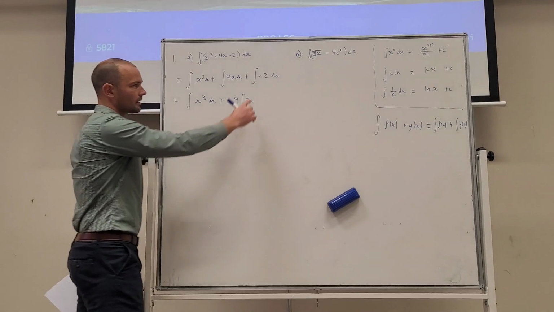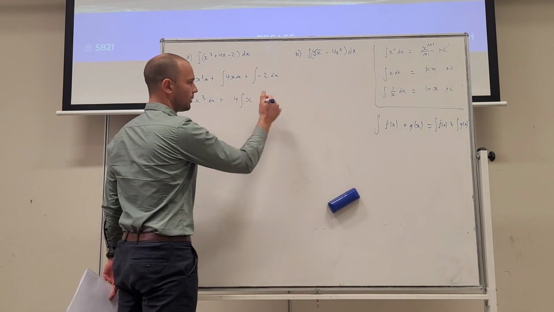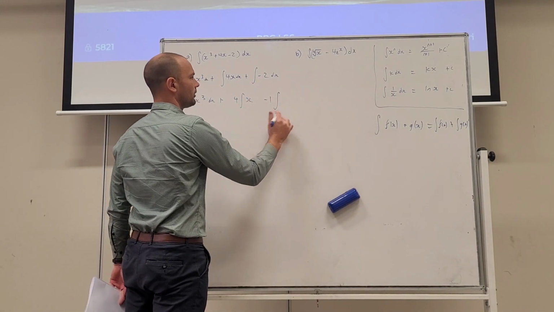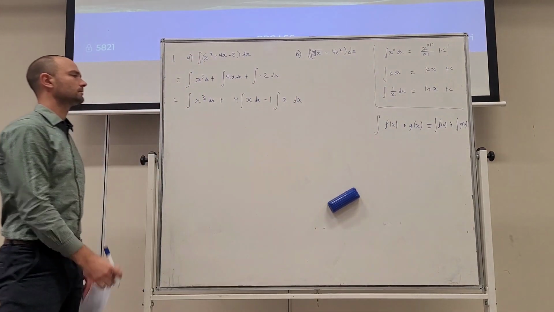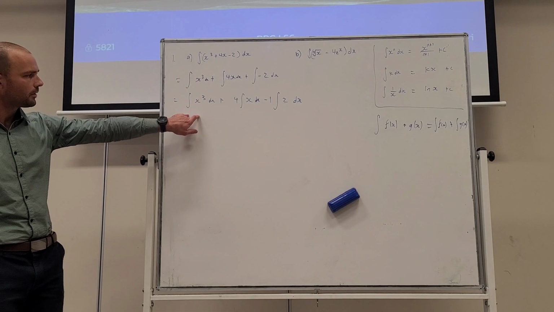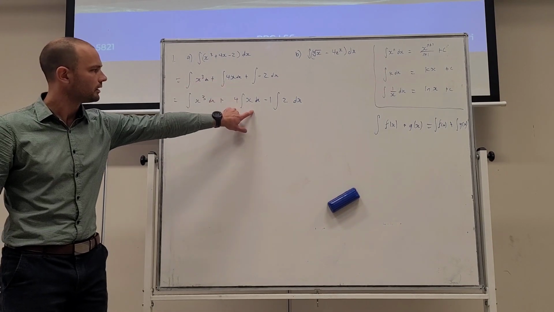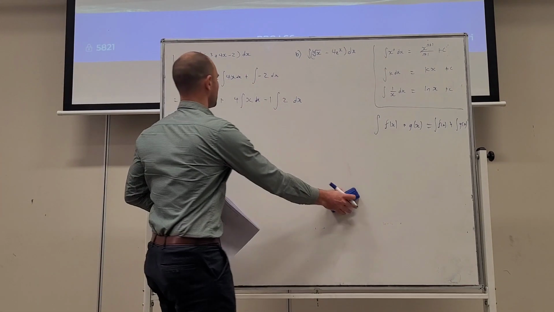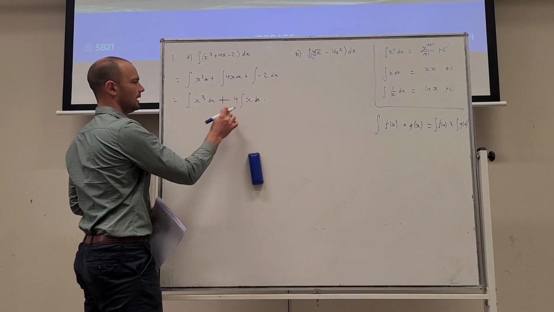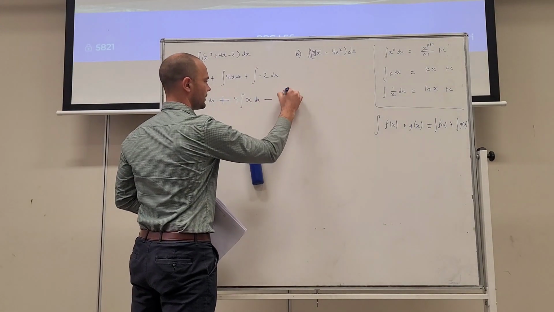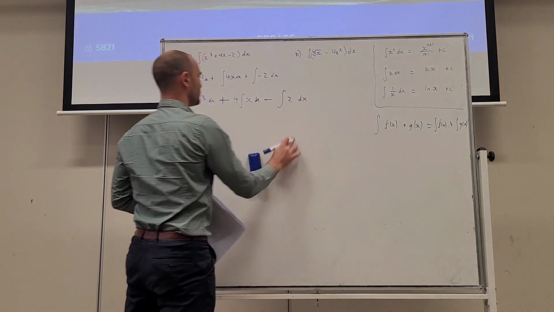And minus 1 is a number, we can pull that out the front. We have to take away 1 lot of the integral of 2 with regards to x. So we've got this component, this component, and this component. I might just spread them out a little bit more. So plus, and then take the integral of 2 with regards to x.